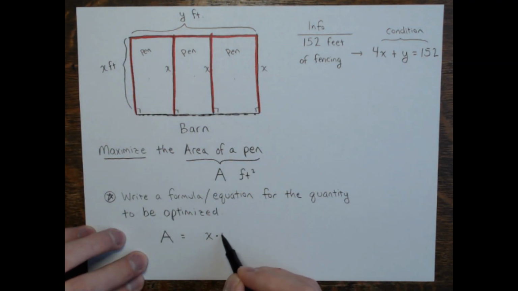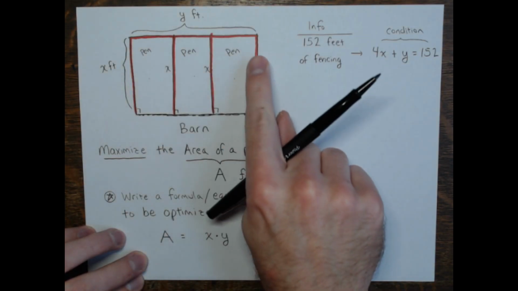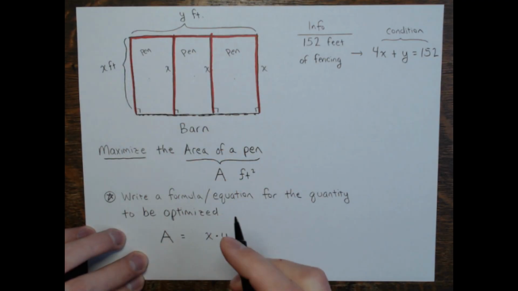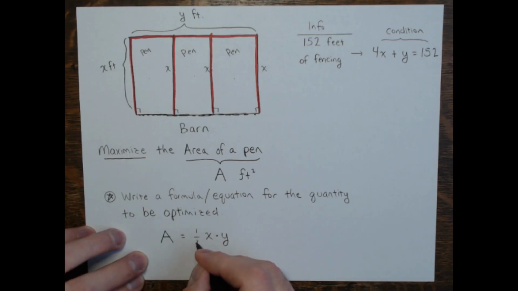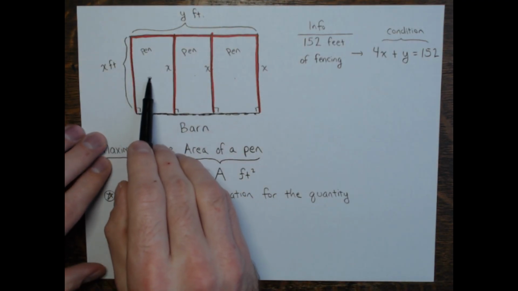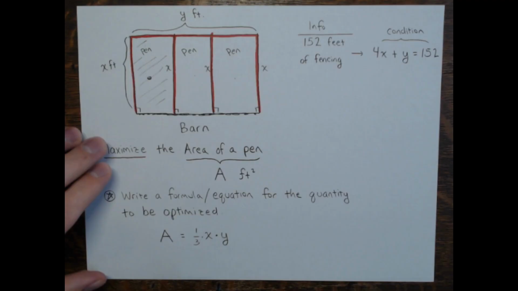X times Y. That's the area of the entire rectangle. So then one of these pens, what A represents, will just be 1/3 of this, right? So there's a little formula for the area of one pen, say just this pen here. They all 3 of them have the same area.